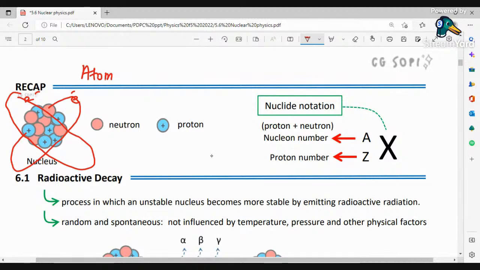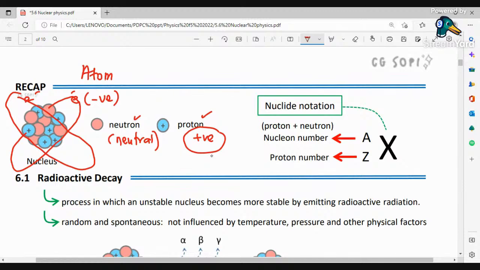At the center of the atom, there is nucleus. Nucleus consists of neutron and proton. Neutron is neutral, tak ada charge. Proton ialah positif. Electron negative. Ini basic lah.